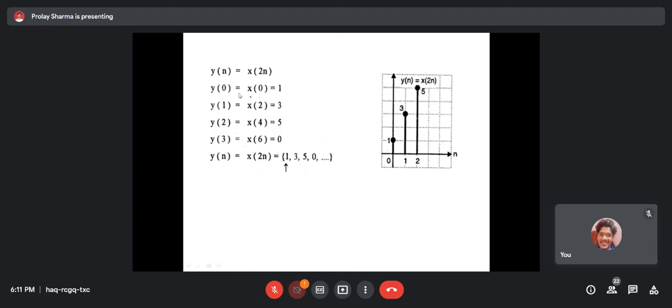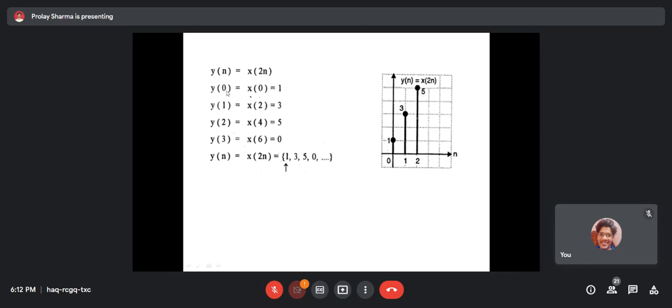In the vertical axis we are considering y[n], and in the horizontal axis we are considering n. So y[0] will be at n equal to 0, and we are finding out what the sample value will be, according to the equation y[n] equal to x[2n].